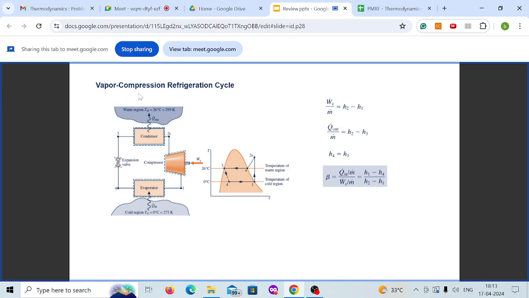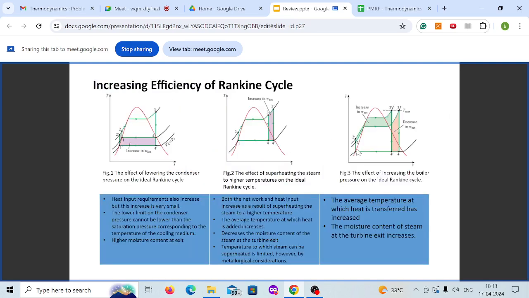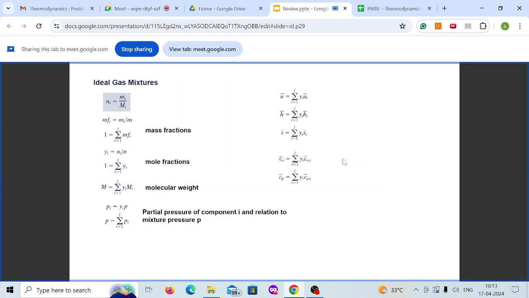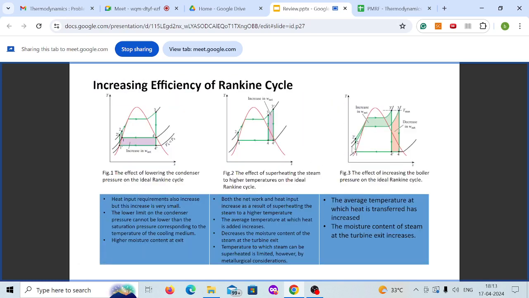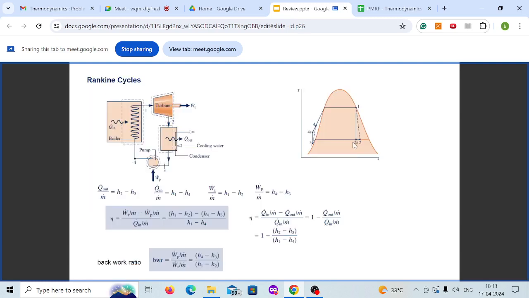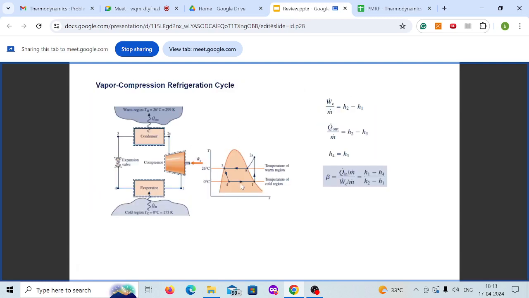So the next cycle is a VCRS cycle, vapor compression refrigeration cycle. This again is equivalent to your Rankine cycle, but the only difference is, instead of the isentropic pump compression, you change it to an isenthalpic process. So 1 to 2 is a compression, and this is a reverse cycle engine.